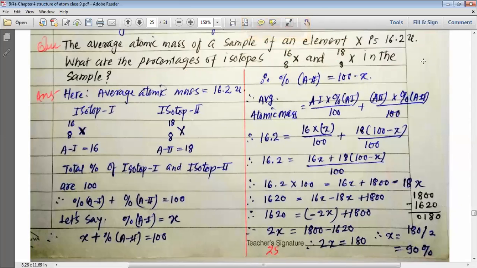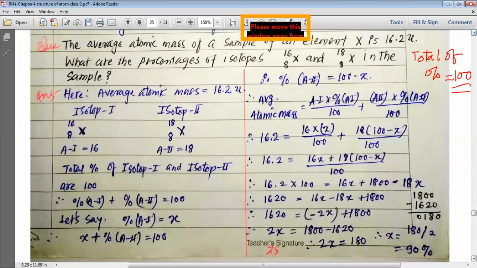Now my dear students, whenever we are given percentages, the total of the percentage is always 100, because all percentages are based on 100.